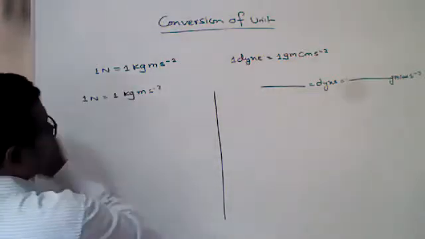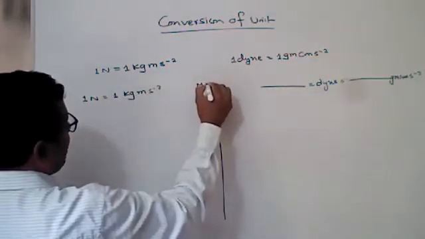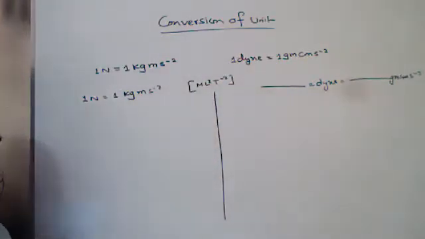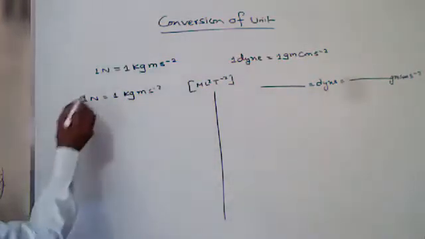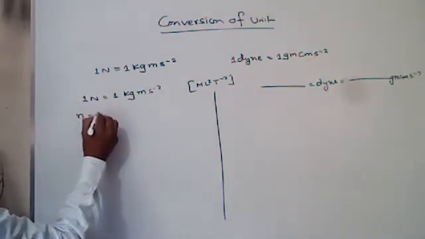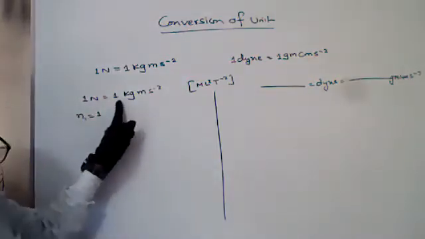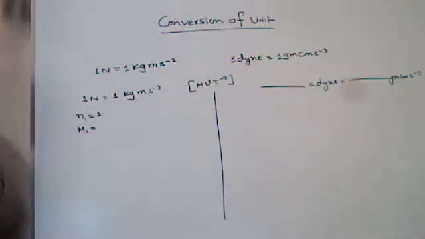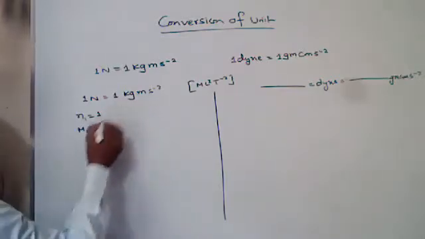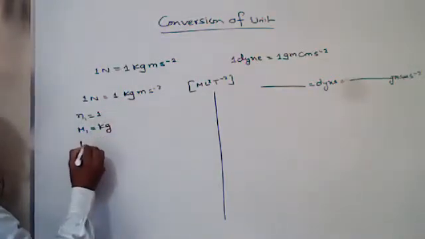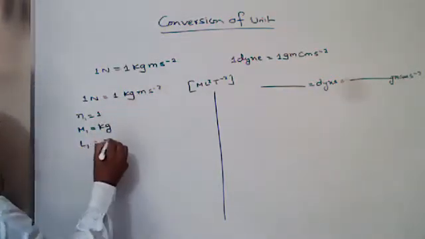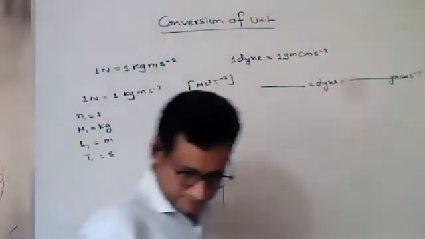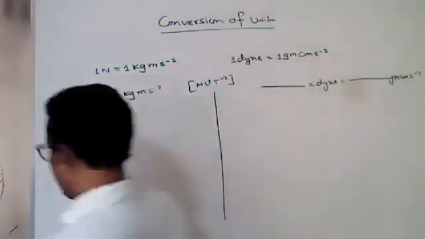Okay, Newton is the force. The dimension of force is M L T inverse 2. In this case, N1 equals 1. So M1 equals kilogram, L1 equals meter, and T1 equals second.